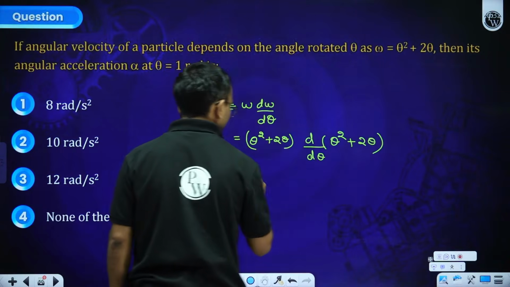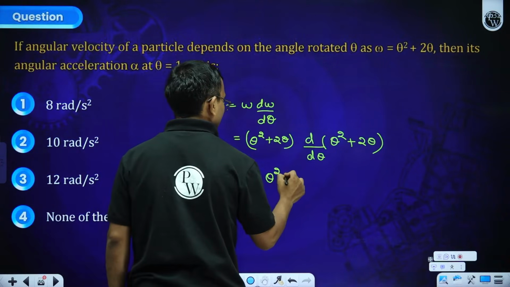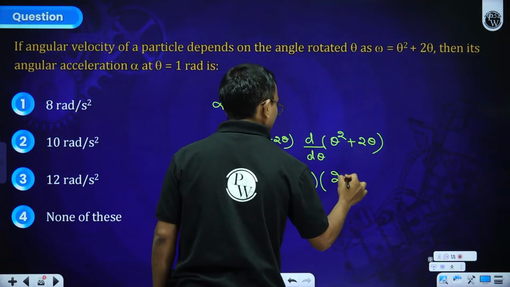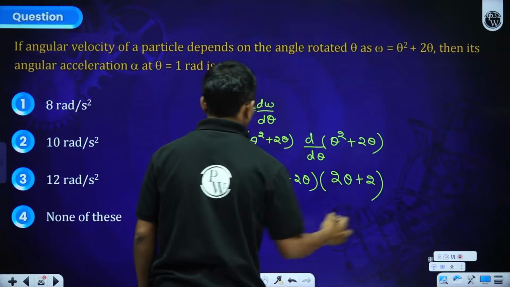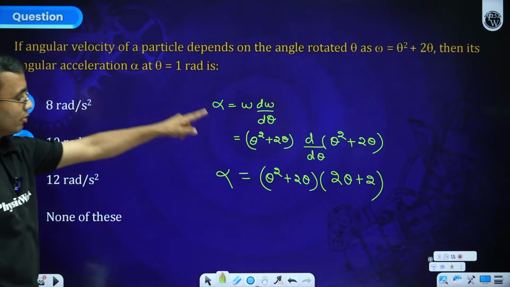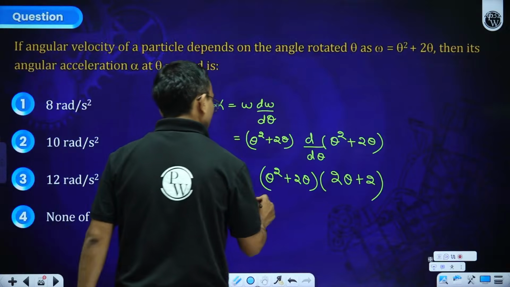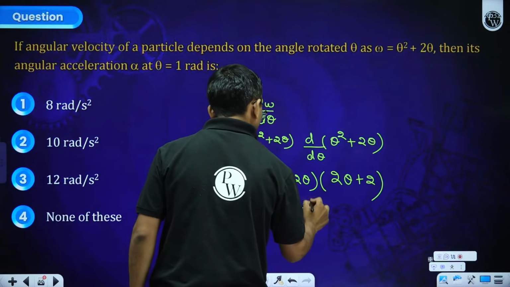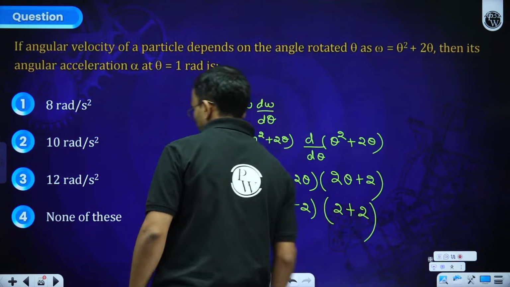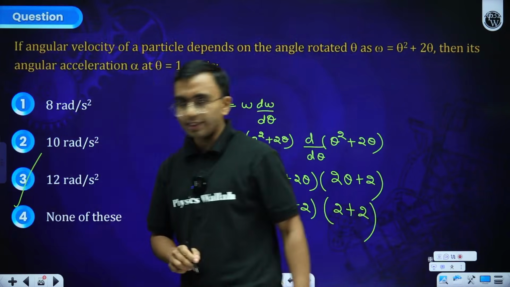It will become theta square plus 2 theta into its differentiation, 2 theta plus 2. This is my alpha. When I need alpha at theta equals 1, put theta equals 1. So this will become 1 plus 2 into 2 plus 2, which comes out to be 12 radian per second square.